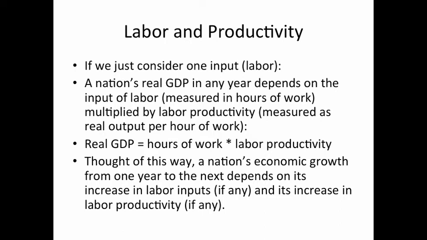Therefore, if we look at labor, then one way of thinking about real GDP is that real GDP in any specific time period will depend on the amount of that input, in this case, the number of hours worked. So how many hours do we have available to work? How many people do we have working 40 hours a week? Therefore, in total, how many hours are being worked each year?